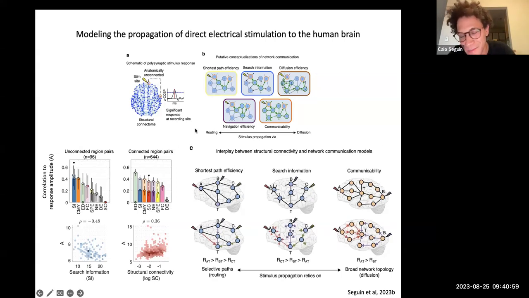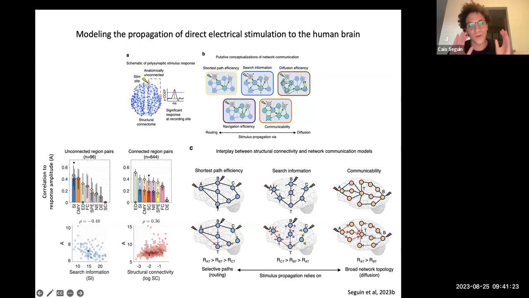And this is really the last empirical result that I have. So out of these five conceptualizations of communication, I'm just focusing on three because I think they're the most educational and informative. One is the shortest path. So here we have three places we're stimulating, A, B, and C, and we are measuring the response in a target.